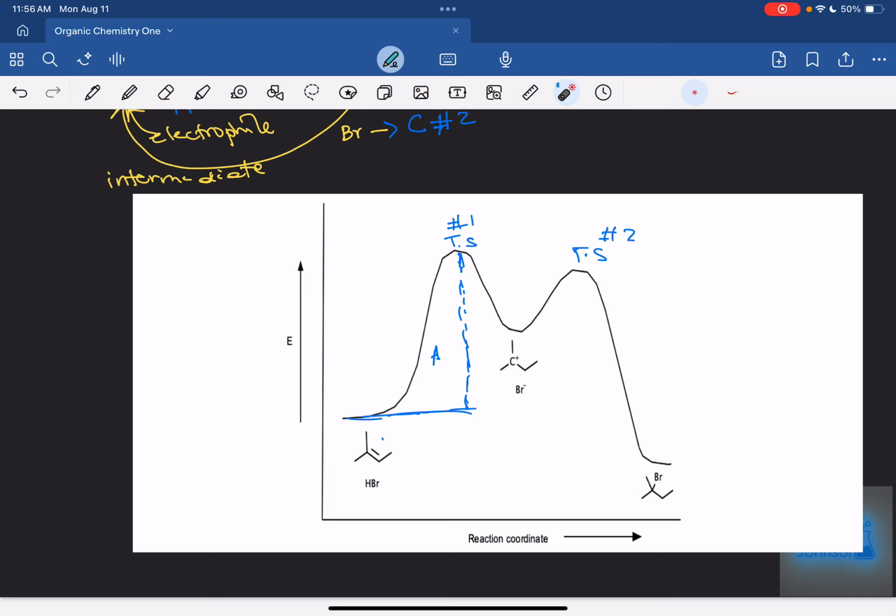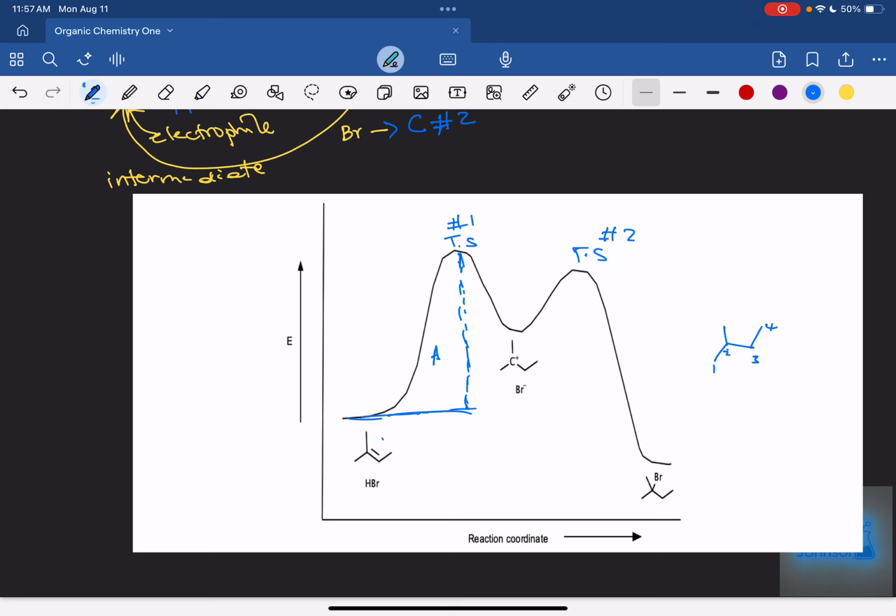In your transition state, there's partial bond breaking and partial bond forming. Partial bond breaking and bond forming is generally shown by dashed lines. So for this, what you will see is carbon 1, carbon 2, carbon 3, carbon 4.